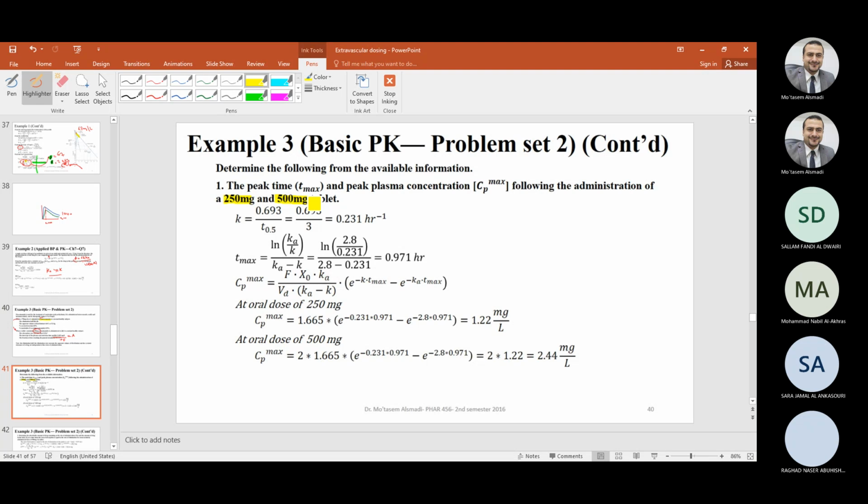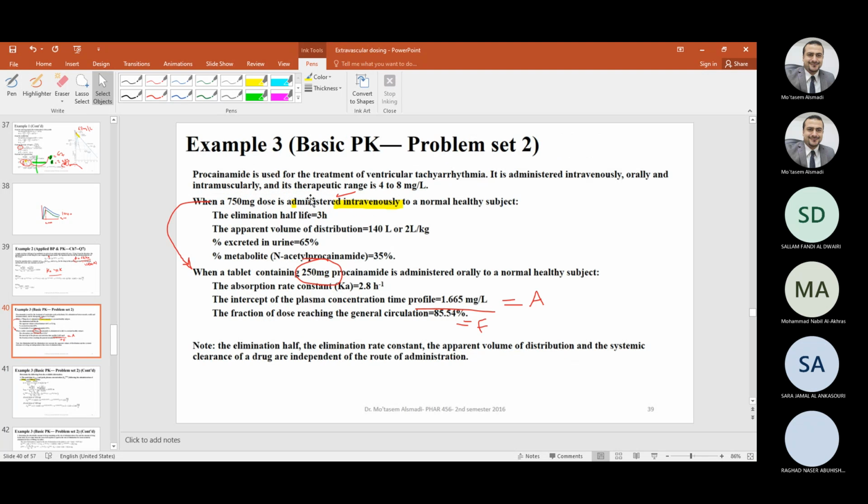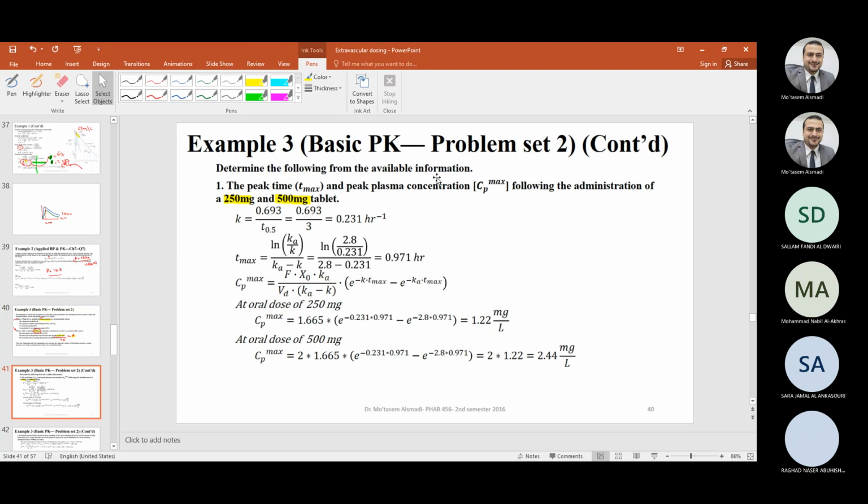The Cp max after a dose of 250 milligrams. And the other thing, the question told us that the A, the capital A, is equal to how much? 1.665. This is at the dose of 250. So we know that this whole thing here at the dose of 250 is equal to 1.665, right?